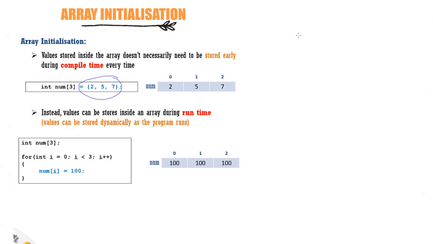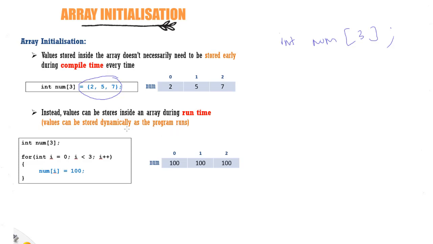You can just write int num[3]; and close it off with a semicolon. This means you don't necessarily need to store the value directly after that. Instead, values can be stored inside an array during runtime, dynamically as the program runs.